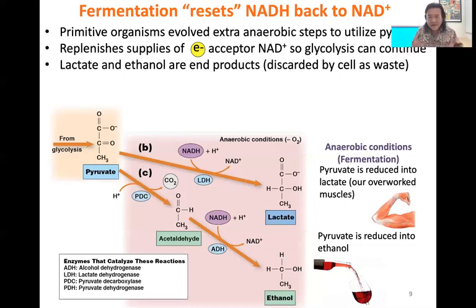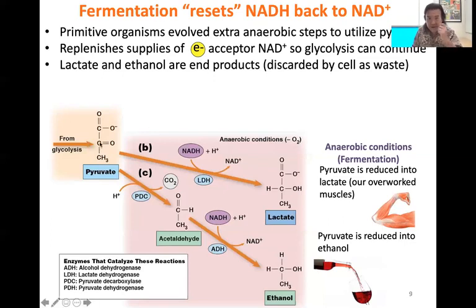Why does fermentation happen? Fermentation evolved as a way for primitive anaerobic microbes to get some additional use out of the pyruvate, not to make more ATP from it, because they didn't have the ability to do so, but you could use pyruvate as a way of emptying those electron baskets that you filled up.